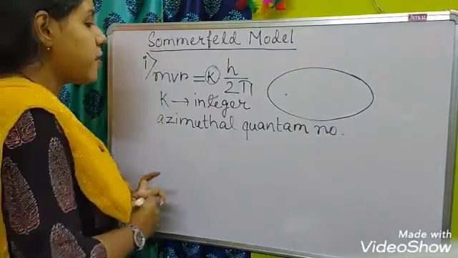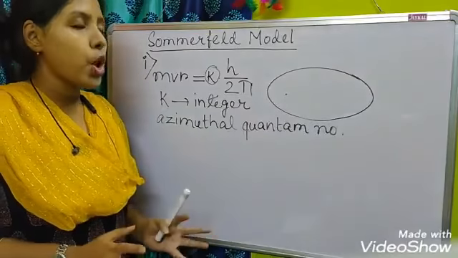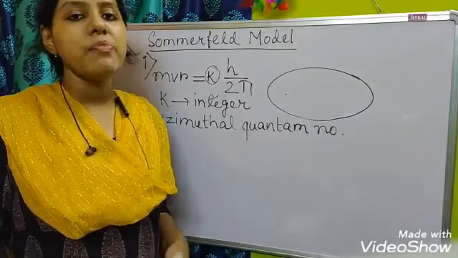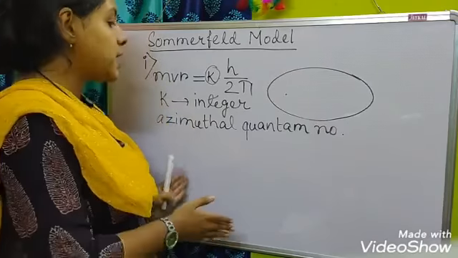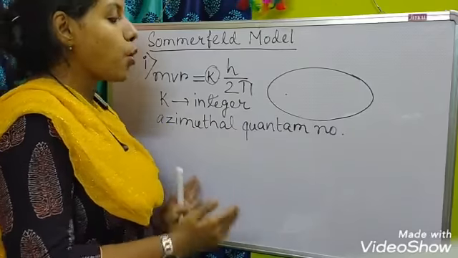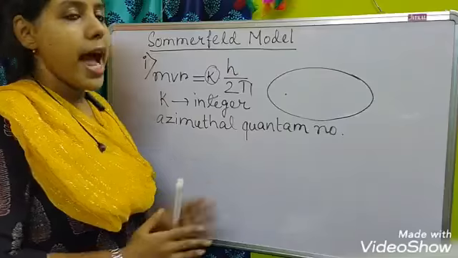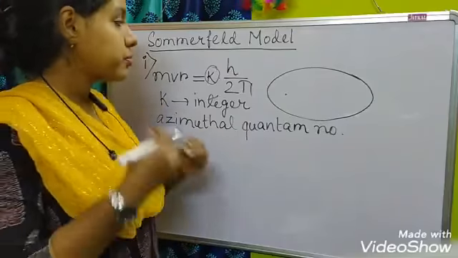Sommerfeld has given it this name. The concept of principal quantum number was given by Niels Bohr in Bohr's atomic model, and the concept of azimuthal quantum number was given by Sommerfeld in his atomic model. It is denoted by k.